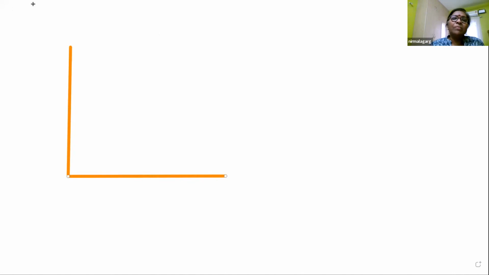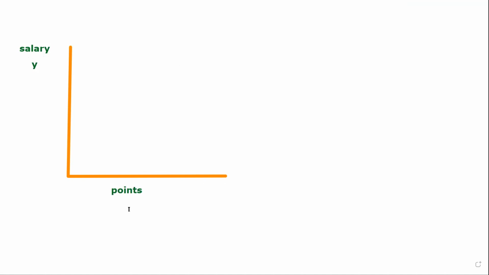Okay. Now, if this is your salary, so can I say this is also Y? Yes. Now, if these are your points, job points, can I say this is X? Yes, X-axis.